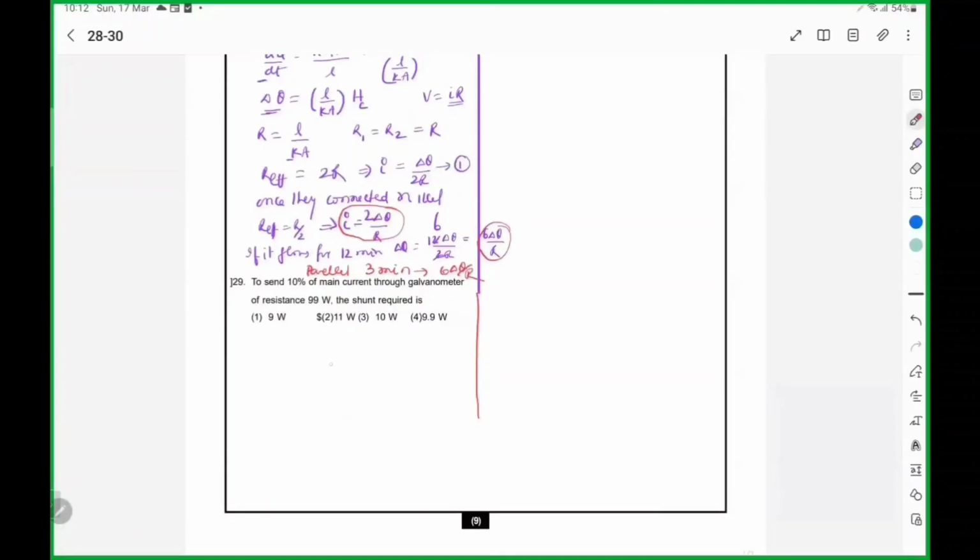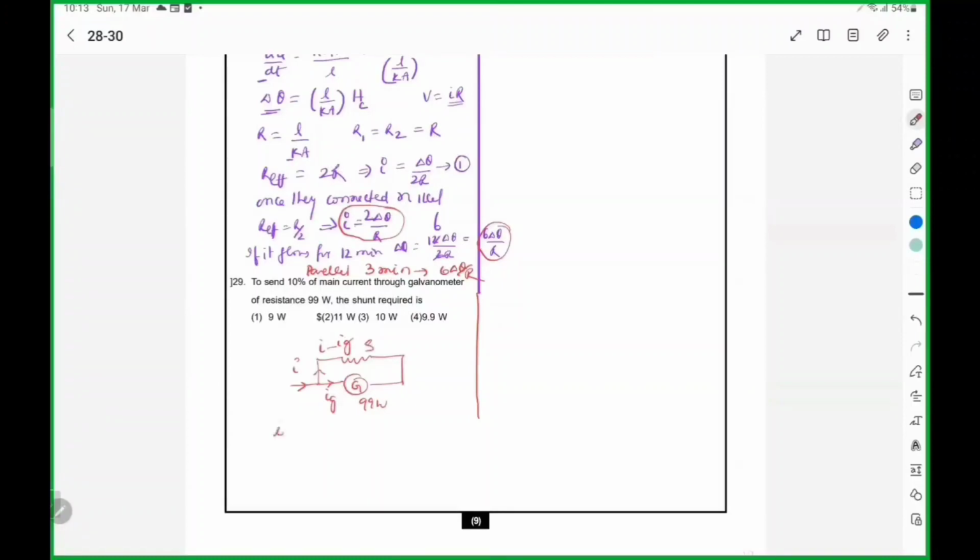To send 10% of main current through galvanometer, with a resistance of 99 ohm, the shunt required is. So here I current flows through it. IG current through the galvanometer. A shunt is connected, a small resistance which is connected in parallel.